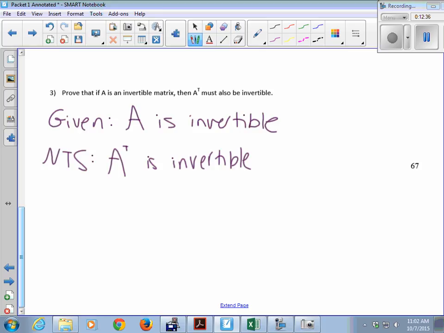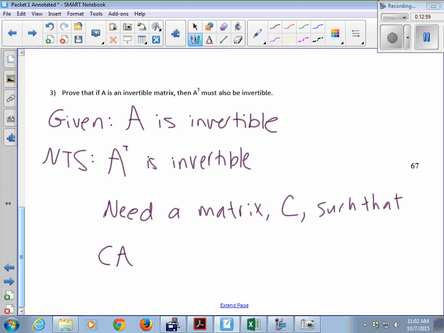Okay, so if I want to show that A transpose is invertible, I have to come up with its inverse, right? I need a matrix, let's call it C, such that C times A transpose is the identity, and so is A transpose times C. I'm going to come up with some matrix that is the inverse of A transpose.